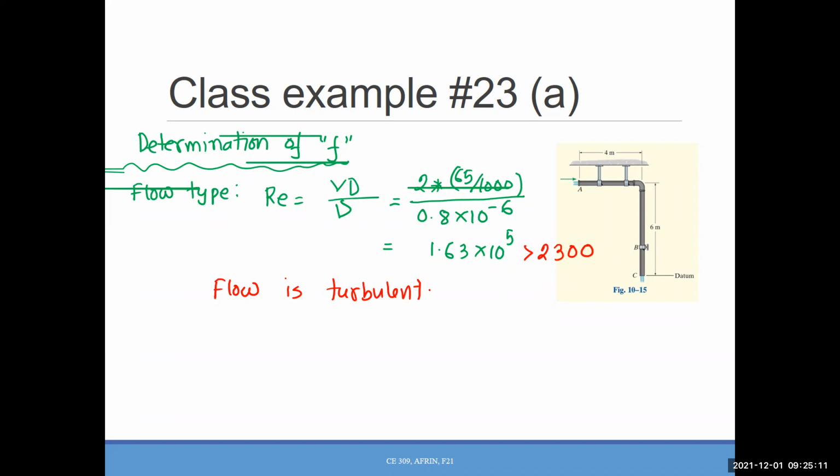Now again, go back to this table and tell me for turbulent flow, how can we find the friction factor for type 1? Okay, so for turbulent flow, Moody's diagram is the one we have to use for determining the friction factor F. Okay, so I will write down that.